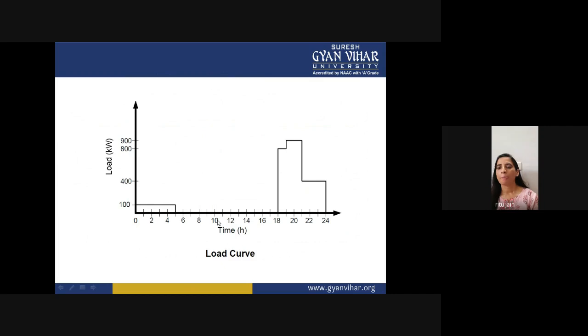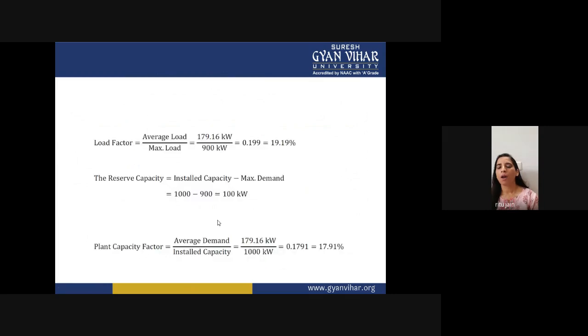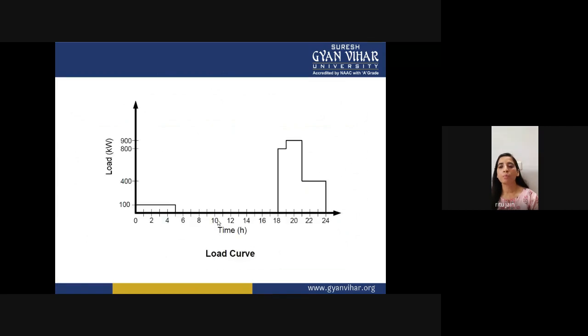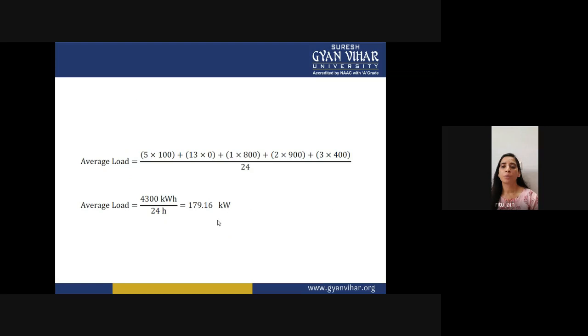Now this is your load curve and this is your load duration curve. Now we have to calculate load factor. You know the formula of load factor, which is average load upon maximum demand, and the load factor will always be less than 1. The average load will never be greater than your maximum demand.